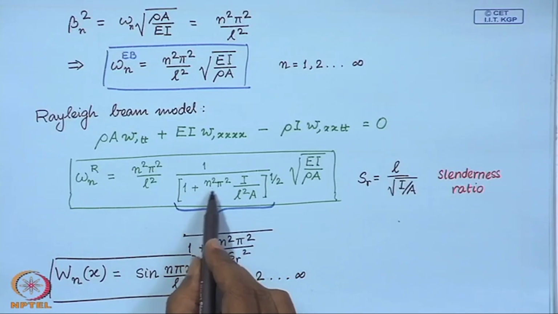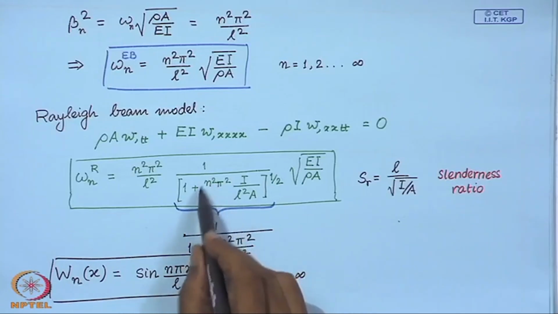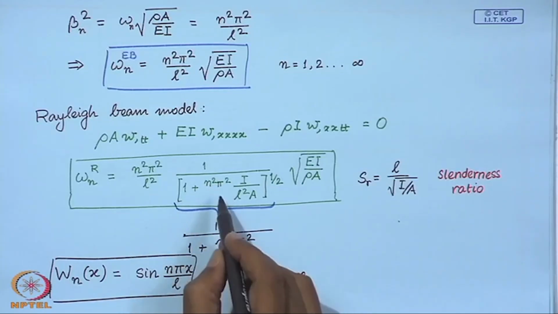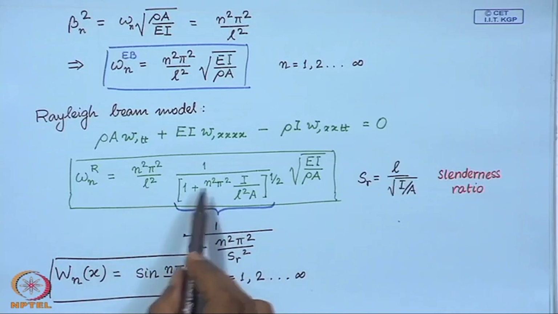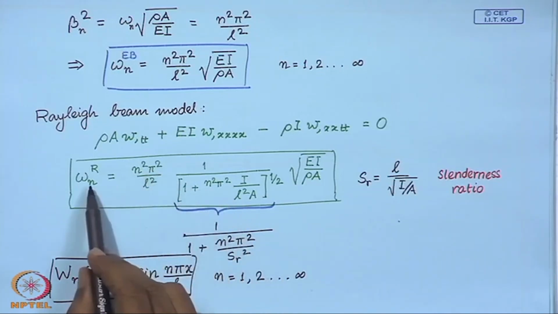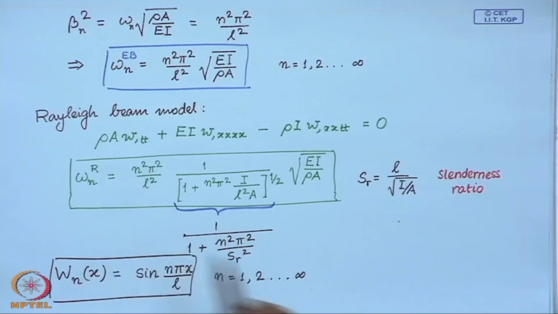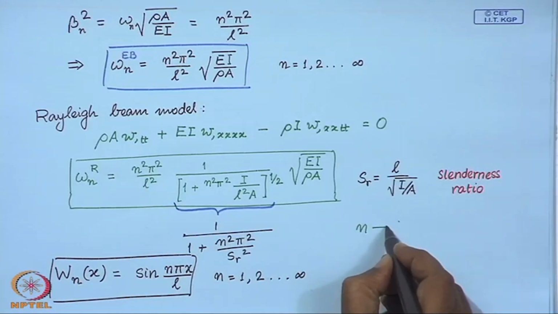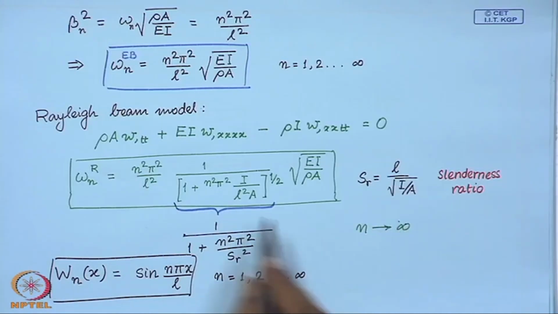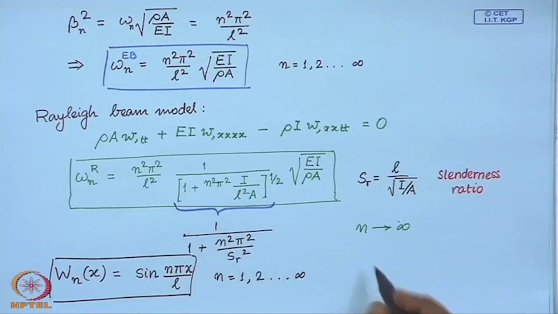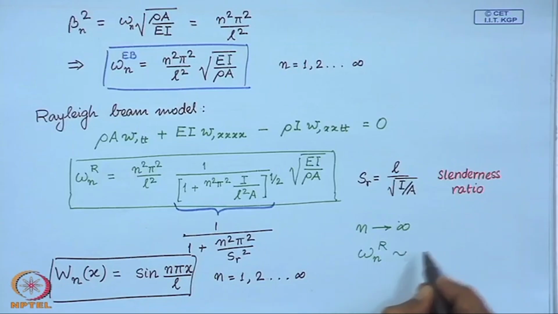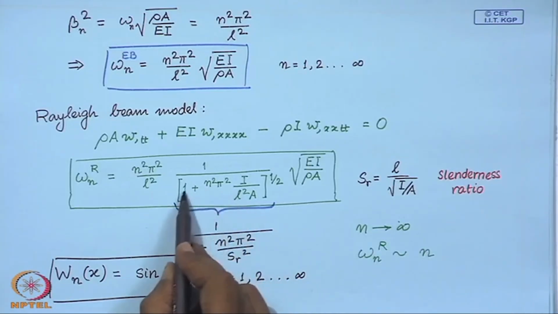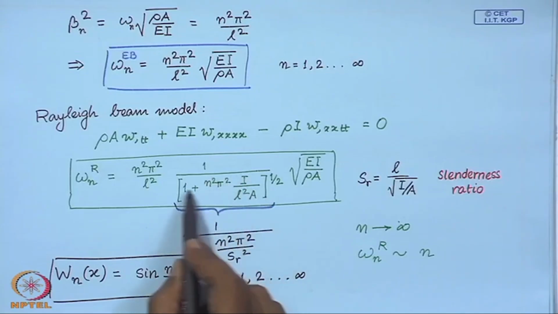Now, if n is very high, suppose n tends to infinity, then you can easily see that the frequencies become proportional to n. If n becomes much larger than 1, this term becomes much greater than 1, so we can drop this 1.